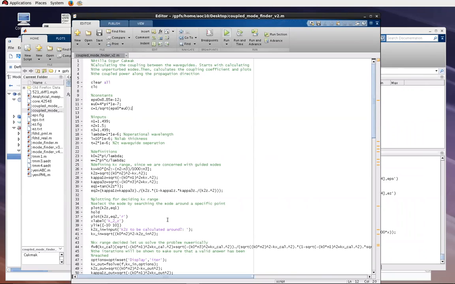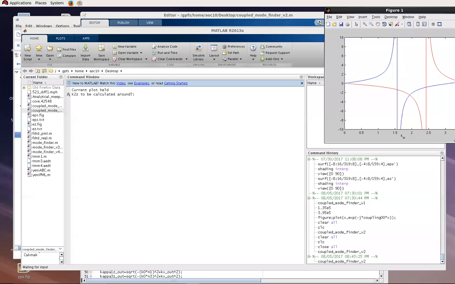That's going to be the 0th order mode of the identical waveguides. It's stuck here, so I'll just pause this video for a while so that the code will start running soon.